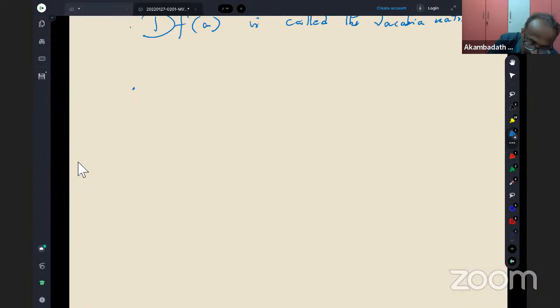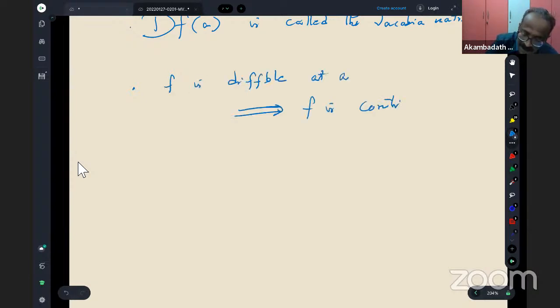You can prove that if F is differentiable at A, implies F is continuous at A. But I request or suggest all of you do these exercises, even though it follows along similar lines, treating these all as vectors.